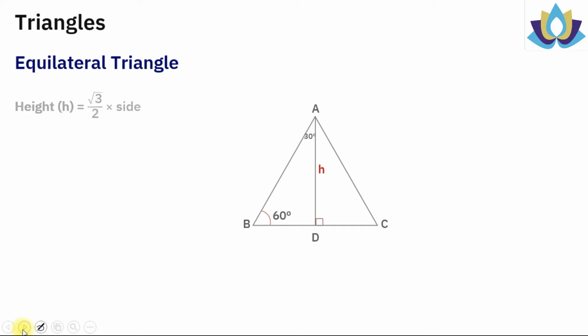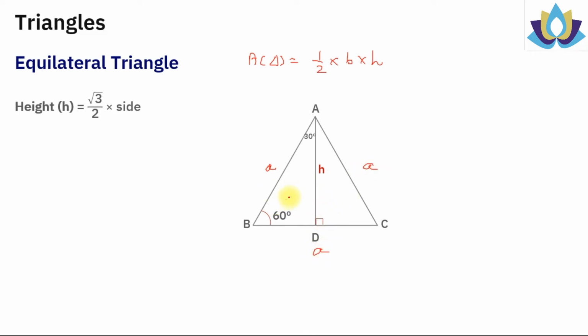So how is the area of the equilateral triangle derived? If you know the original formula for the area of a triangle, it is half into base into height. Now here you can take this side as A everywhere, or you can take it as X if you want.